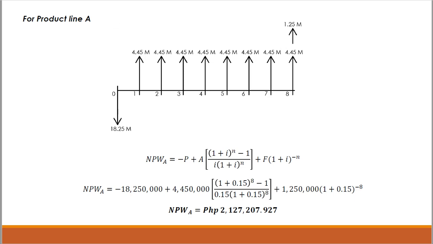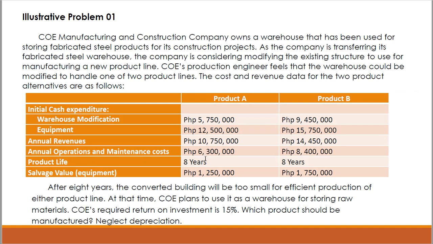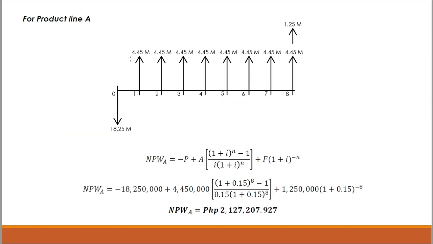So let's go back to the table. So meron tayong annual revenue, pero meron din tayong annual operations and maintenance cost. Okay, so remember, cost yan, ito revenue. So i-subtract lang natin itong dalawang values. So yun na yung ating annual net revenue. So parang ito na yung profit mo, net profit mo every year.